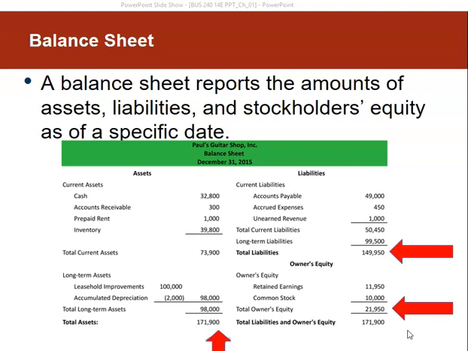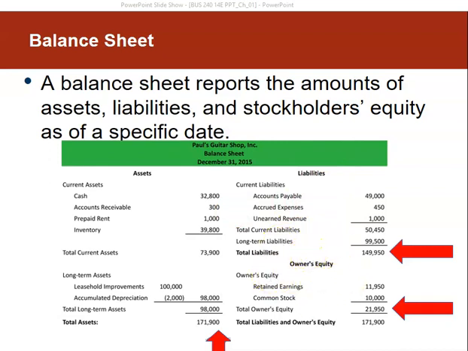certainly more involved than the retained earnings statement, and more involved also than the income statement. If we think for a moment about the accounting equation, we see it right here. Assets equal liabilities plus owner's equity.